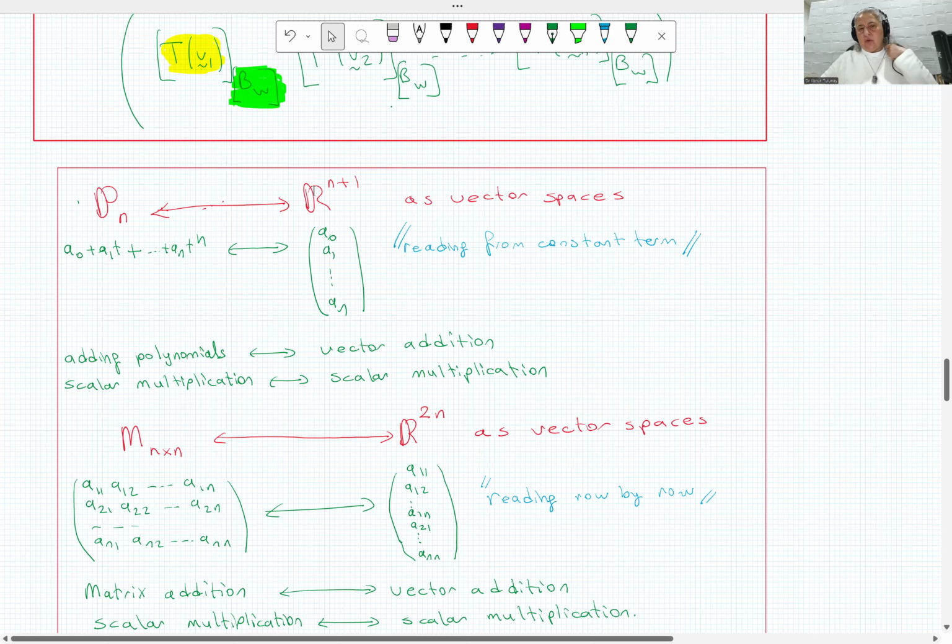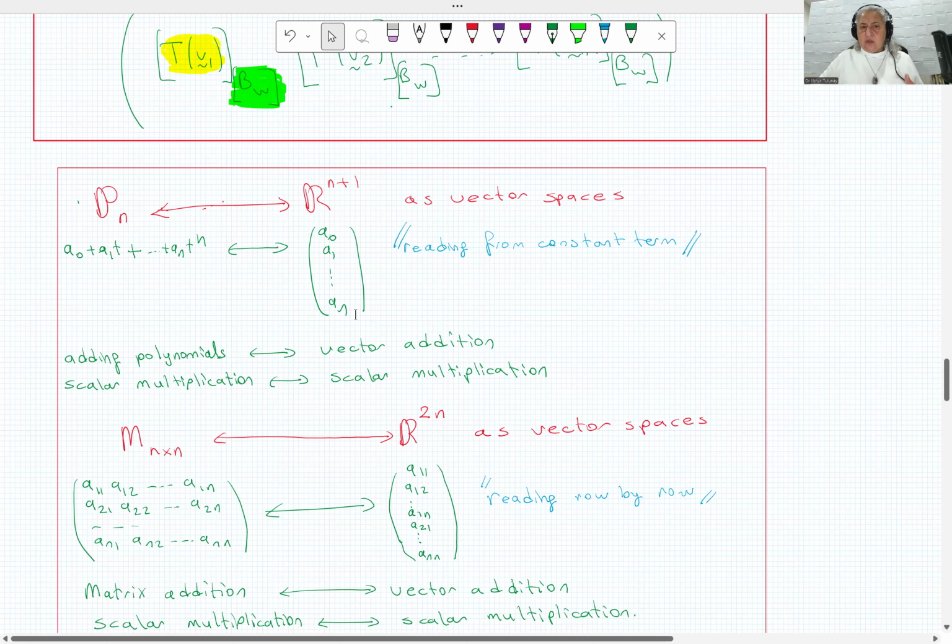This is the usual real vector space of dimension n plus 1, because you have a constant term plus a1 t plus up to an t to the n, and changing all the coefficients a0, a1, through an gives you the dimensions, so n plus 1 because of the constant term. And this is a one-to-one correspondence with R^(n+1) as a vector space.